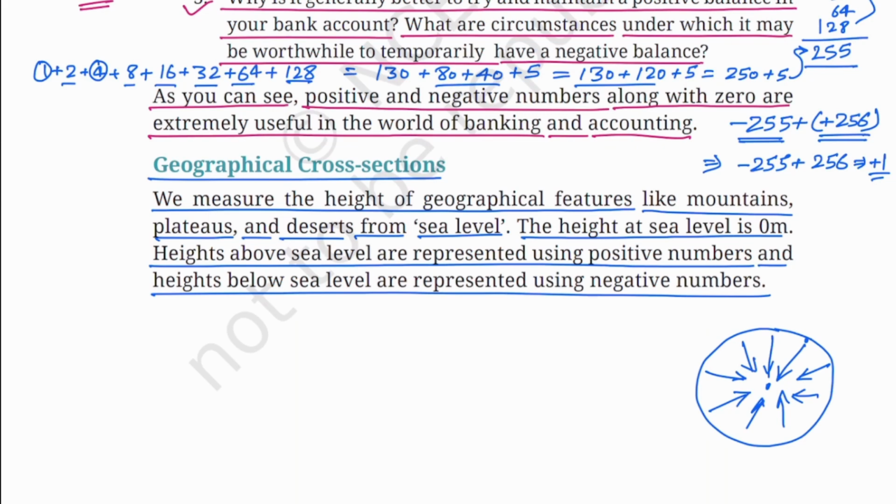So, if you want to measure a height of a mountain or depth of a trench or ground below sea, it will be easy if you take sea level as 0 meter. For height above sea levels, positive numbers are taken and height below sea level, negative numbers are taken.